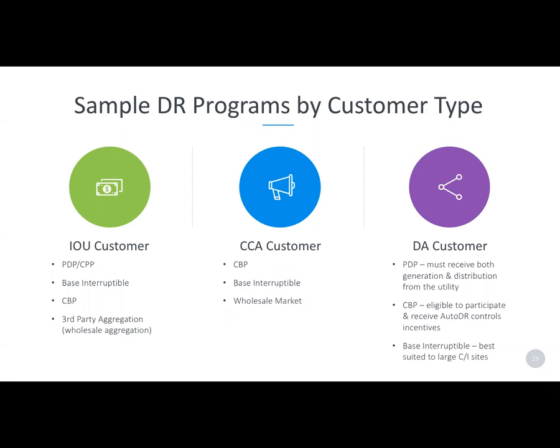So starting with peak day pricing and critical peak pricing, this demand response pricing structure offers lower energy prices during the summer in exchange for pre-specified higher rates during certain hours for about 9 to 15 peak events per year. Event triggers can include system contingencies, which means just something failed, high average forecast temperatures, or high wholesale electricity prices.